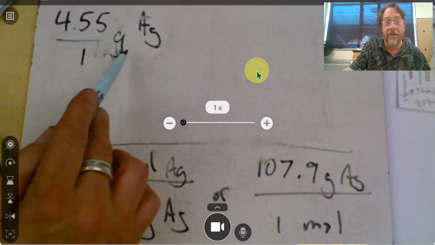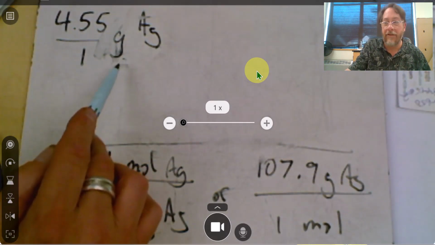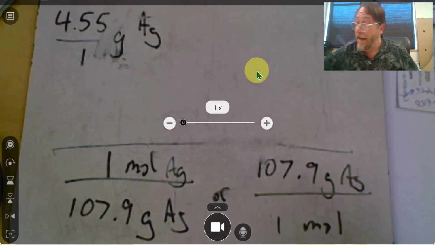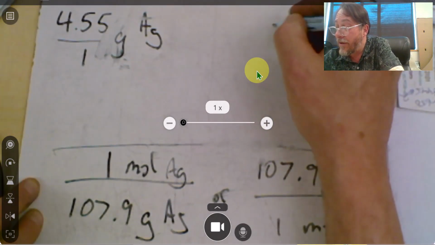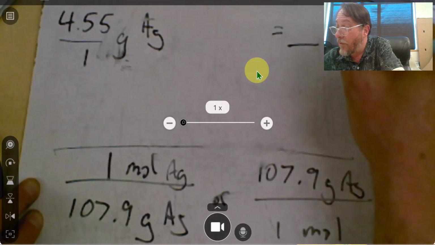You can see here that I'm starting with a mass of silver, and I want to end up with a number of moles.